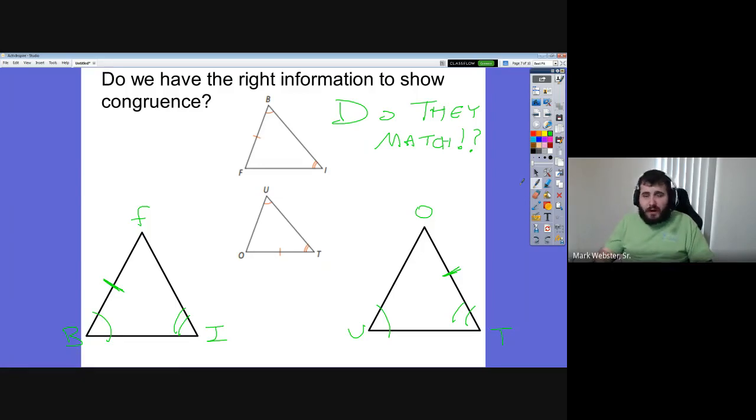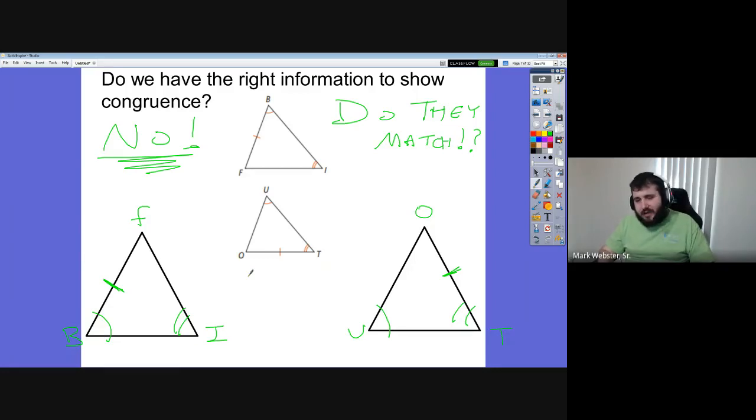So do we have the right information? No. And I'll tell you, if you draw this picture, this is good work right here. You don't have to write a paragraph to say, well, side FB is on the left-hand side attached to the one angle.